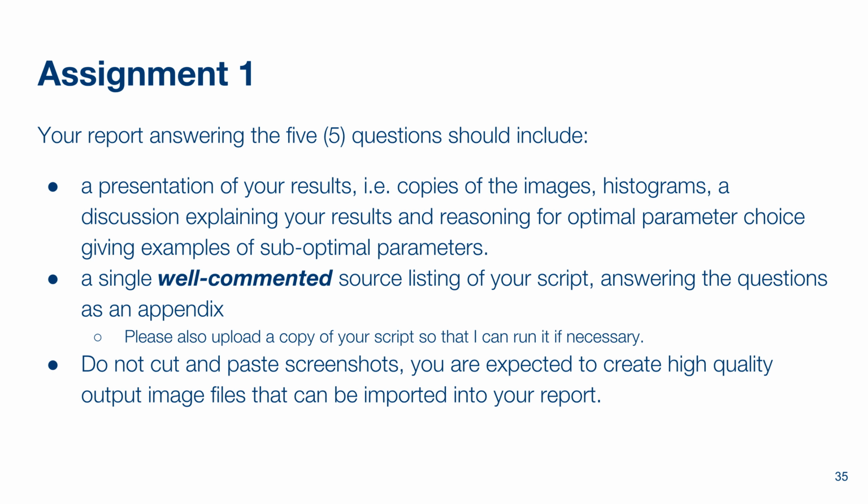It's clearly poor contrast compared to these optimal parameters. Okay, so I want to see some sort of critical thinking here. And also a well-commented source listing of your script answering the questions. So put the script in an appendix to this document.